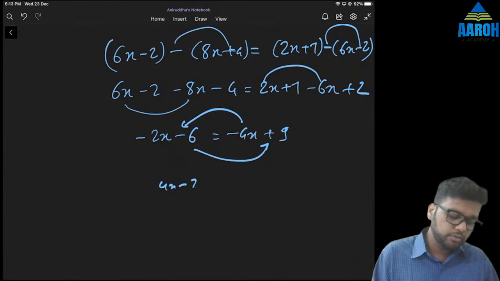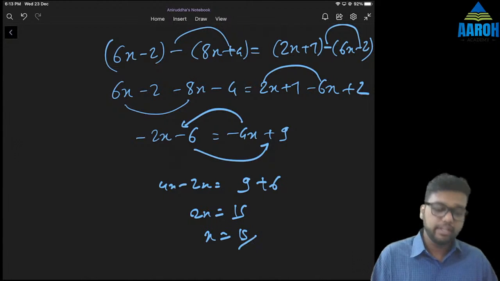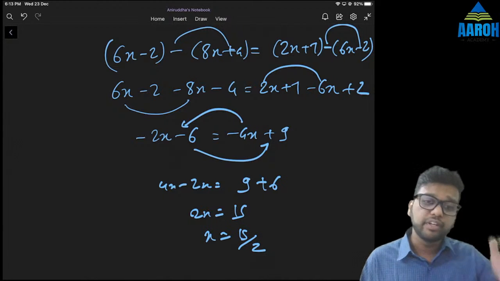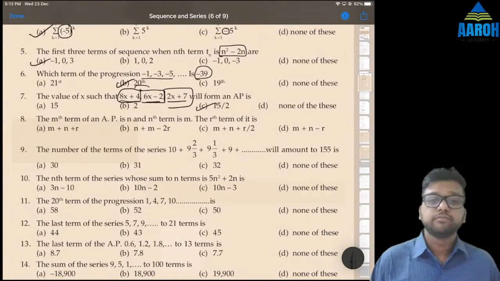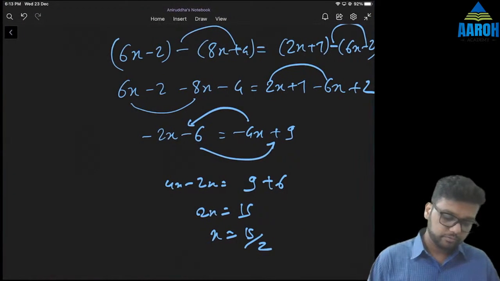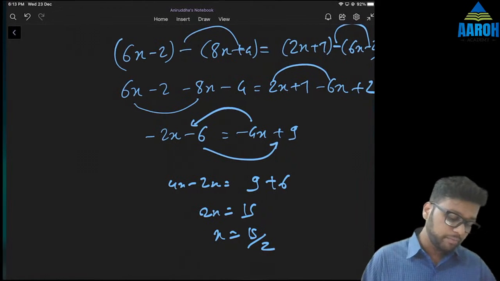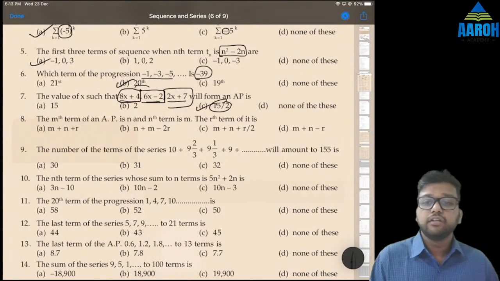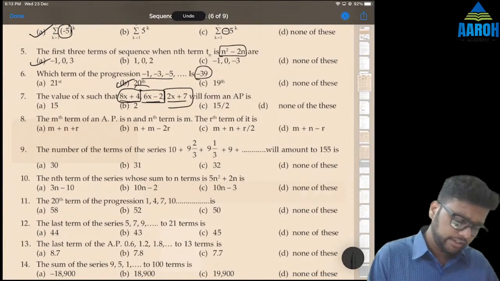So 4x minus 2x is equal to 9 plus 6. That means 2x is 15. That means x is 15 by 2. Okay, 15 by 2 will be the correct answer, which is option C. We can go by options also, but going by options might take time because this is in fraction, right?